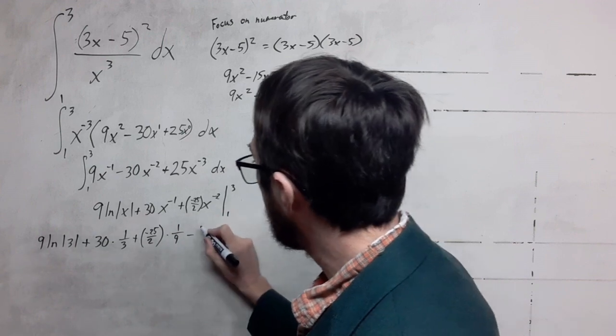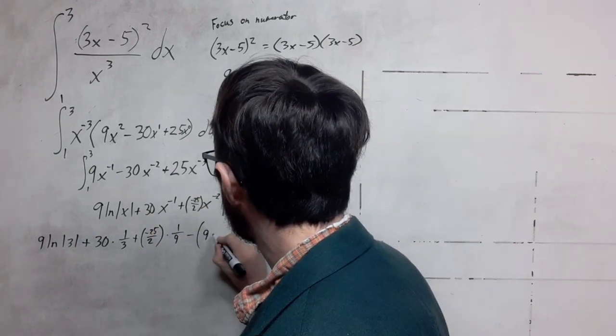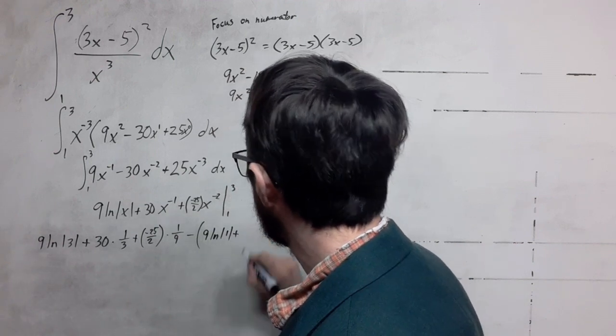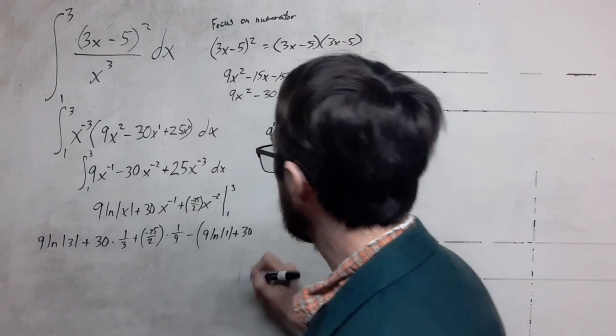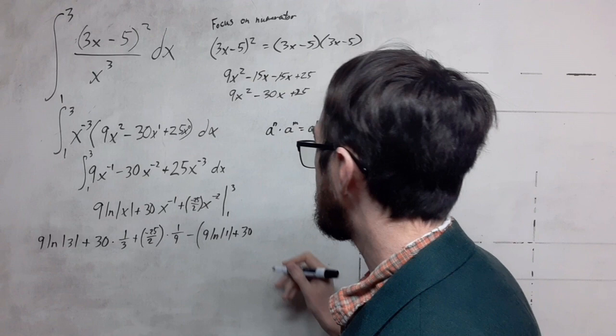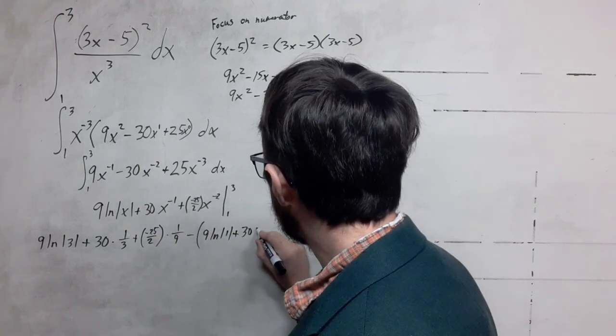And then subtracting from that, we're going to start plugging 1 into here. So we want the log of 1 there. And then this is just going to be 30. So we have 1 over 1 is 1, and 1 times 30 is 30. So this doesn't change the magnitude of anything here.